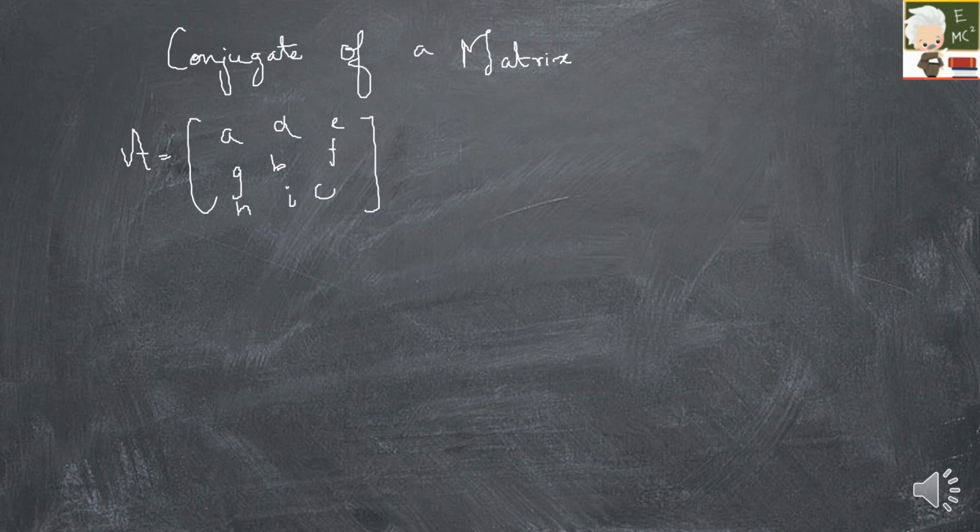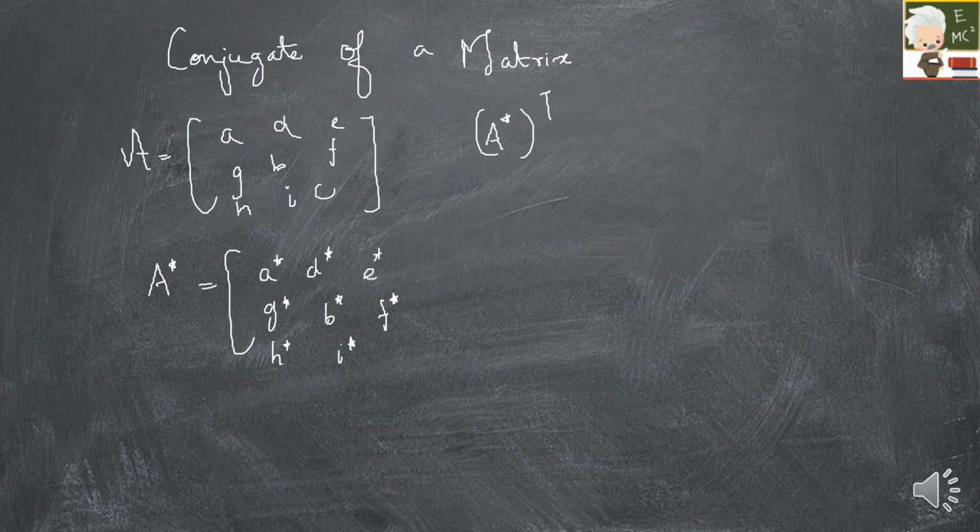So conjugate means your A star, the whole transpose. So first let me write what A star is. A star is nothing but A star, D star, E star, G star, B star, F star, H star, I star and C star. So this is my A star.